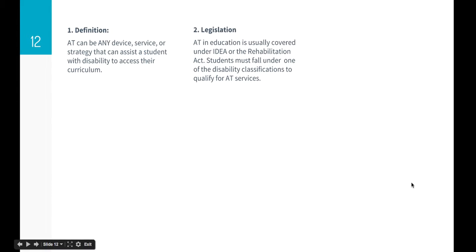So just to recap, the definition of AT is any device or service that will assist a student with a disability to access their curriculum. There are two key pieces of legislation, IDEA and the Rehabilitation Act. Students under IDEA need to fall under the disability classifications in order to qualify for AT.